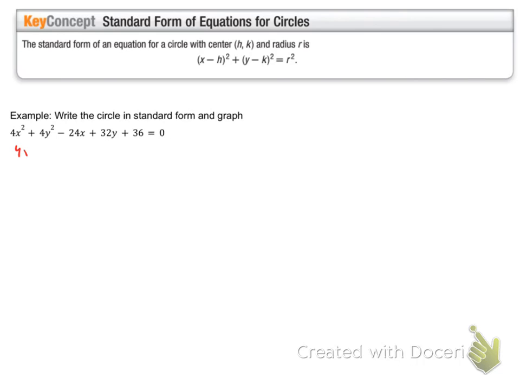To do this, everybody should already know that you really should group up your x's, group up your y's. Notice I did not add anything to both sides because your a value is not 1 in any of the cases, are they?